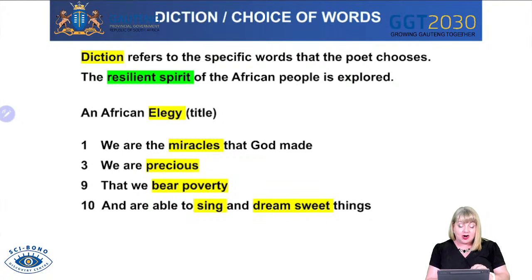And even this idea of bearing poverty. Remember, to bear something means, and here we're talking in a figurative sense. Remember earlier I said sometimes learners don't interpret poems in a figurative way. So they suffer with poverty, and yes, in a physical sense, they're able to bear it in that they live through the poverty and they find a way to eat nonetheless, and they find water, even if it's just a little bit of water, and they somehow survive.